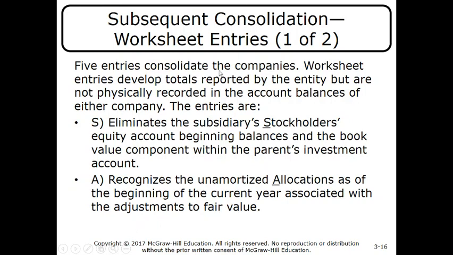So you're adding all those excess fair values to the assets that they're attributable to. And of course, your credit is going to be the remaining balance in your investment in sub account.